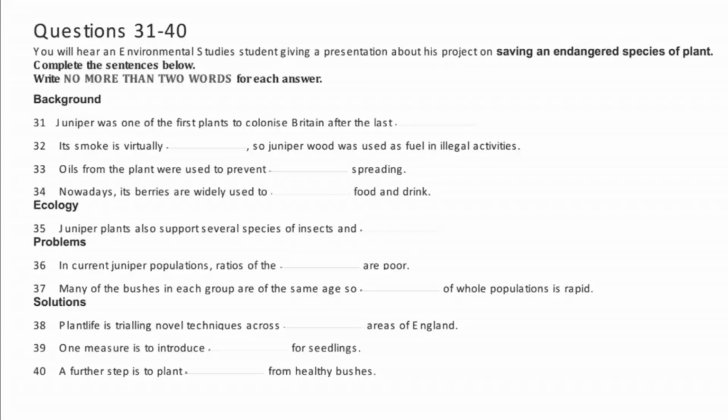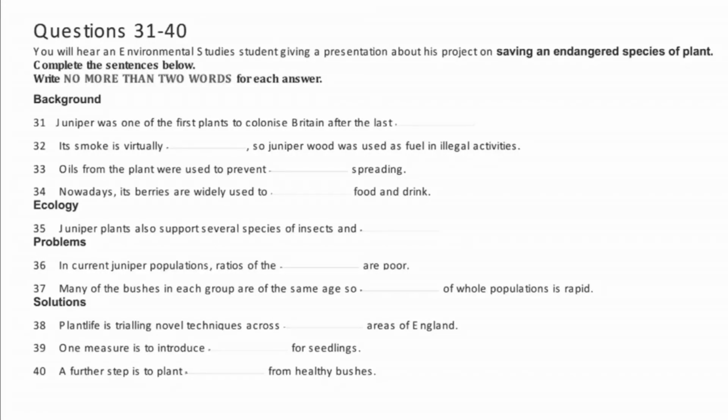It also has valuable medicinal properties. Particularly during large epidemics, oils were extracted from the juniper wood and sprayed in the air to try to prevent the spread of infection in hospital wards. And these days, perhaps its most well-known use is in cuisine, cooking, where its berries are a much valued ingredient, used to flavour a variety of meat dishes and also drinks.